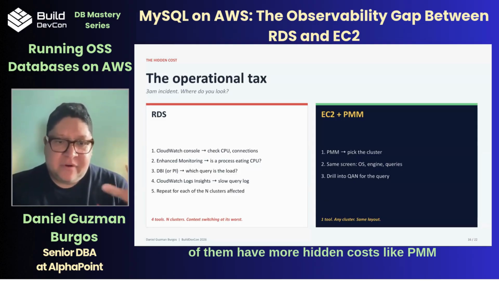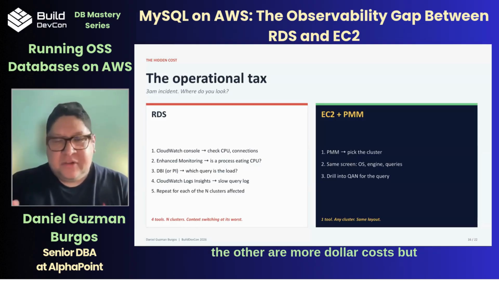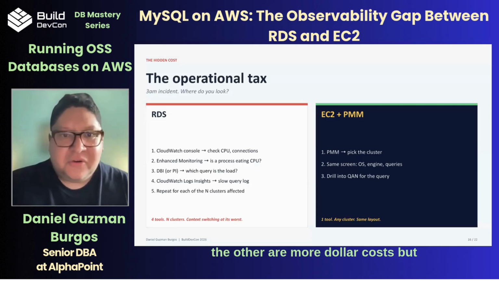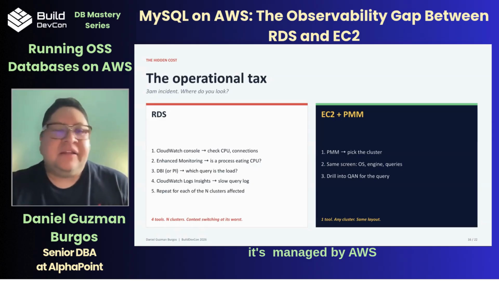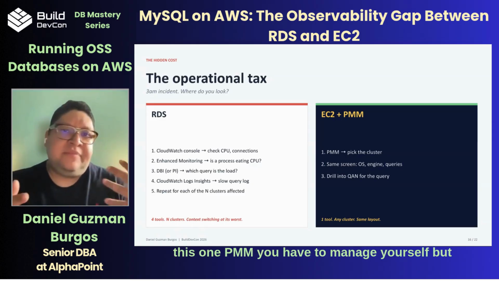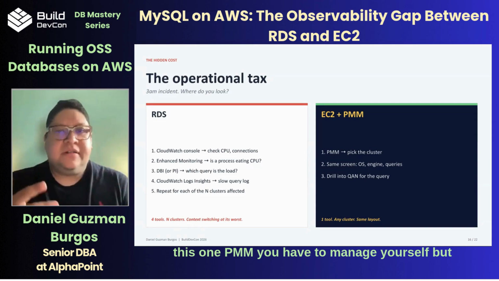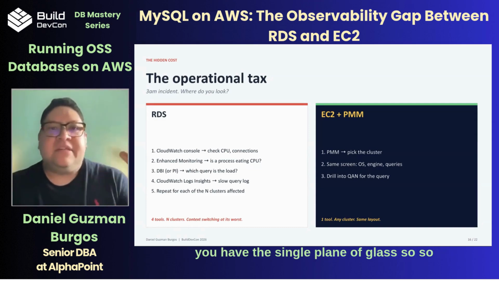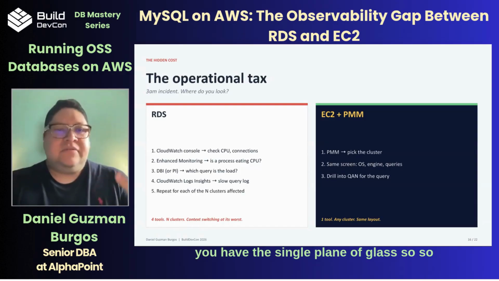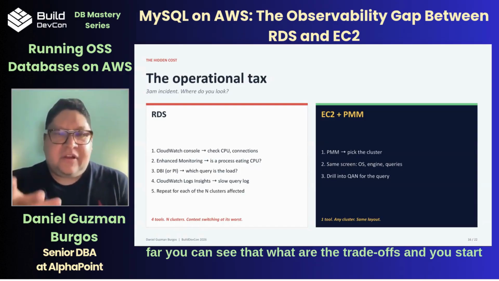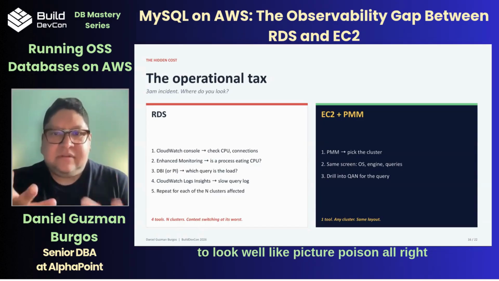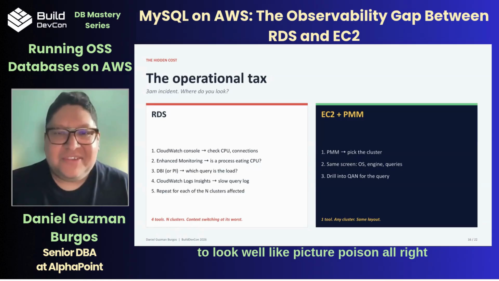Some of them have more hidden costs, like PMM. The other is more dollar costs, but it's managed by AWS. This one, PMM, you have to manage yourself, but you have the single pane of glass. So far you can see the trade-offs.